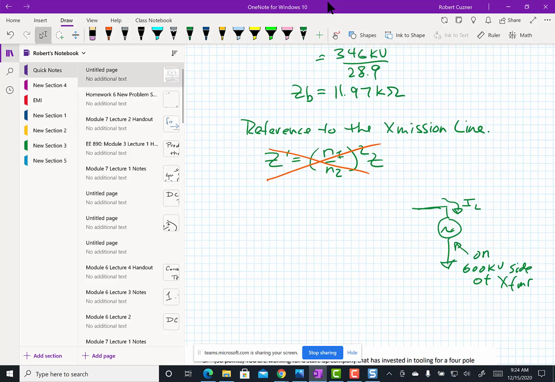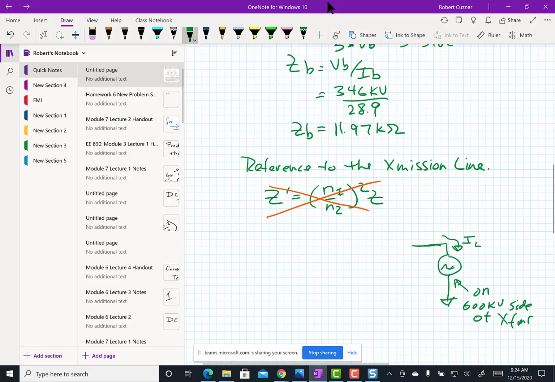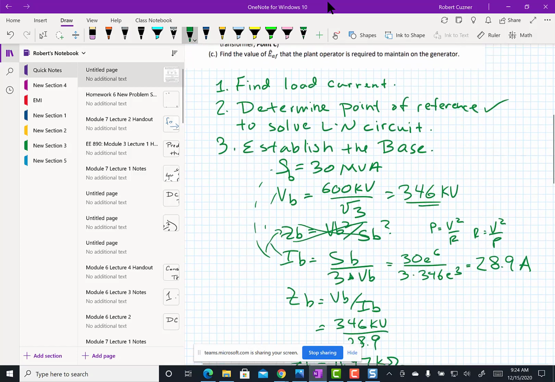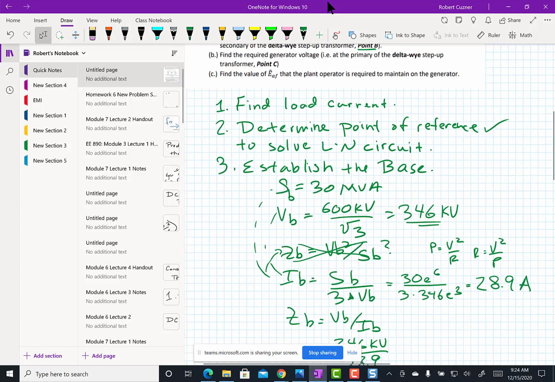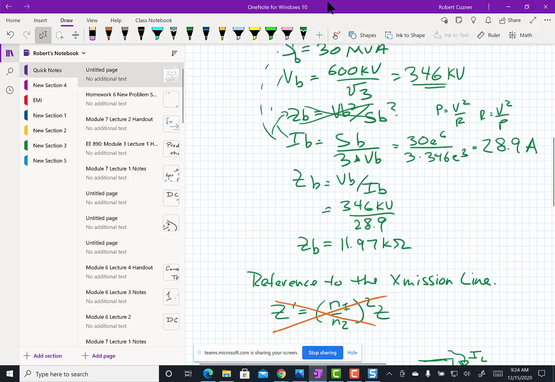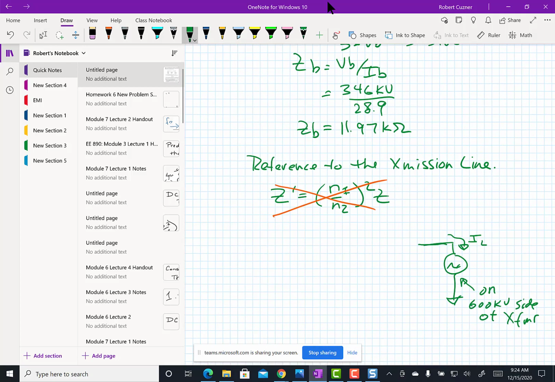That's the very first thing you would have to do. Then you have your impedances that are going to string up. So, and actually I got to go back and do number 1 to get that line current, the load current. And what is this load current?